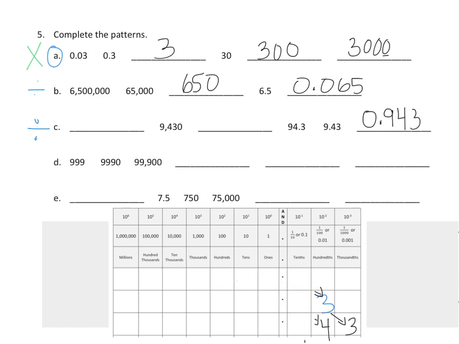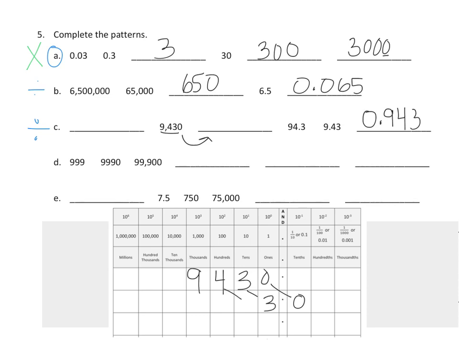So I'm going to write 9,430. I'm writing this number to figure out what the third number in the pattern is going to be. We determined that we're dividing, and we're only moving it just 1 spot to the right because we're dividing by 10. So the 0 ones go into the tenths. The 3/10s go into the ones.